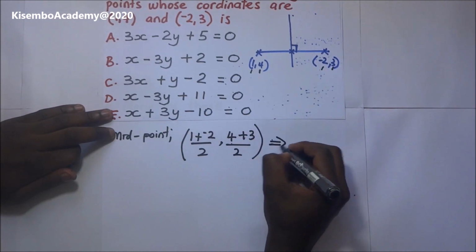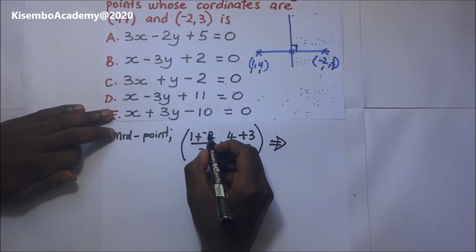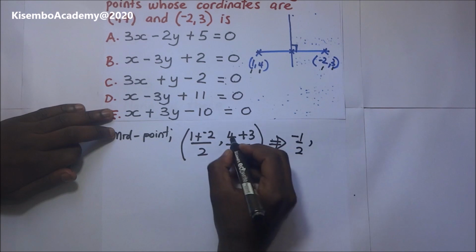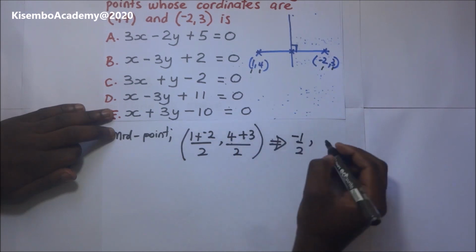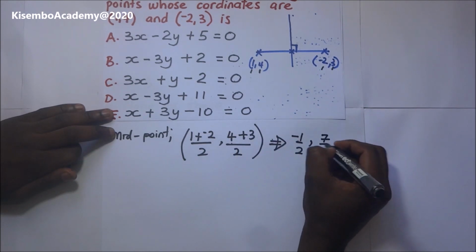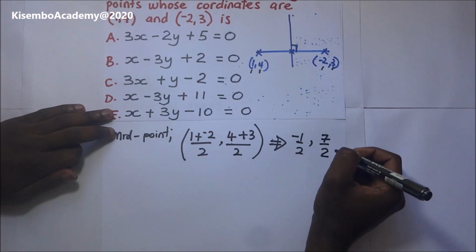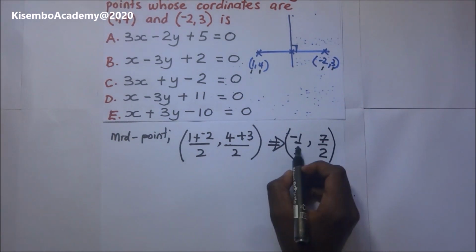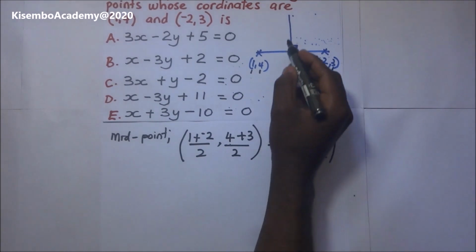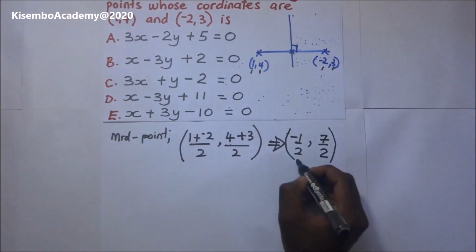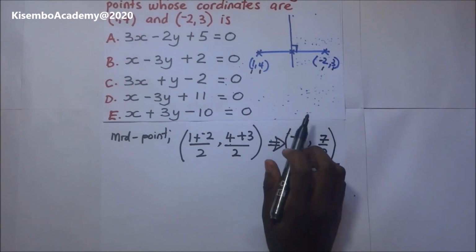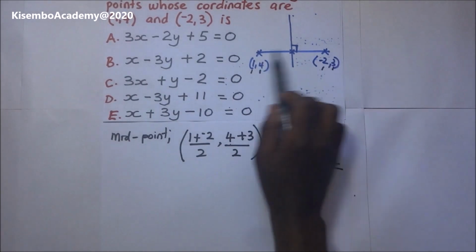That is going to give us 1 minus 2, which is -1/2, comma, 4 plus 3, which is 7/2. So this is the midpoint, meaning that the perpendicular bisector is going through this point.